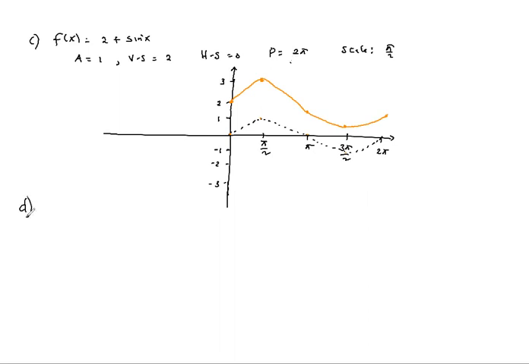Then D, I think D can be done just on this spot. f of x is equal to negative 2 plus sine x minus pi over 2, from pi over 2 to x equals 5 pi over 2.